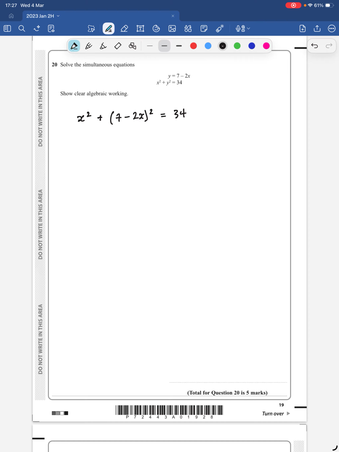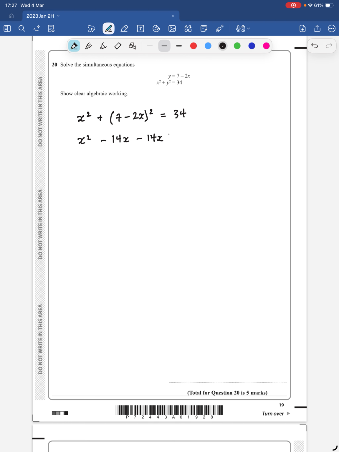And my job now is to multiply this all out, get it in the form ax squared plus bx plus c equals 0, and there'll be a mark on the mark scheme for doing that. So I've still got my x squared, and then I'm going to have minus 14x minus another 14x.